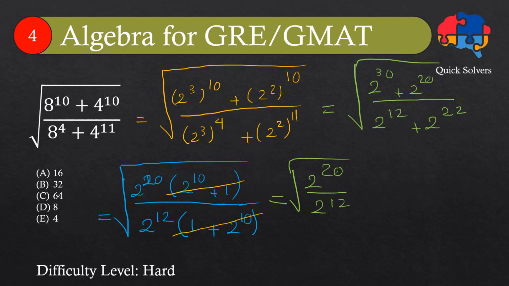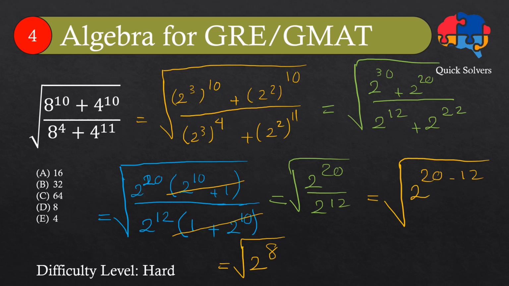Generally, when we have this, I can take the denominator up and then subtract the exponents. That means I can rewrite this as the square root of 2 to the power of 20 minus 12, and this equals 2 to the power of 8.